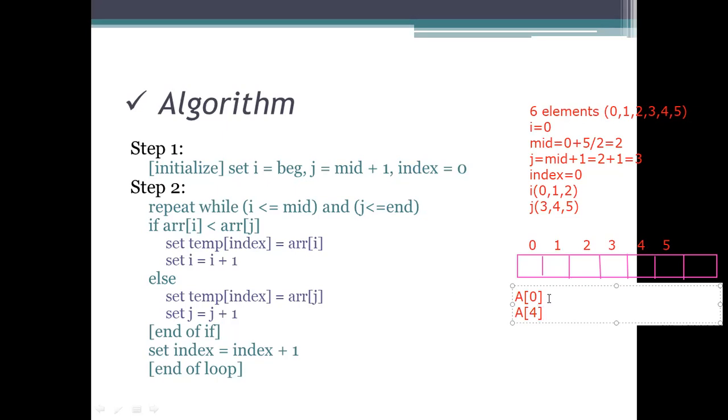And we need to update the values here. The value should be updated from 0 to 1, and then 1 to 2, or 3 to 4, and then 4 to 5. If the value you have been checking for array of I and array of J, where the array name here is gamma, array of I here is 0 and then 4.